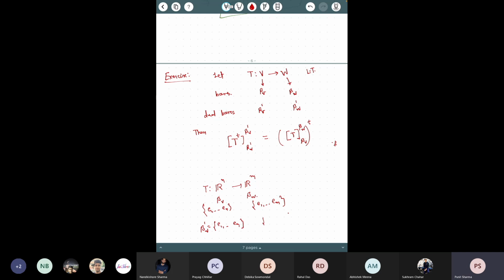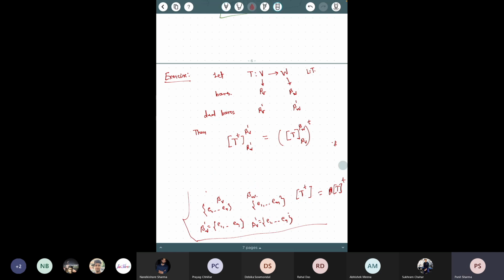And similarly for this also, BV dash would be the same as E1 to En. In this case, you can see that the matrix representation of T transpose with respect to this basis is the same as the transpose of the matrix of T. It's because of this result only, but in this case it is easy to see because the dual basis is the same as the given standard basis.